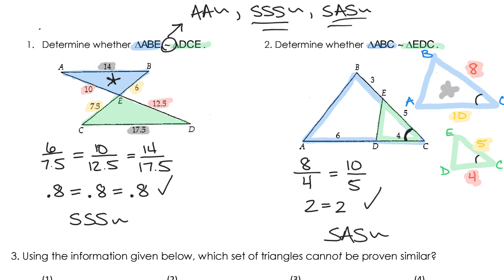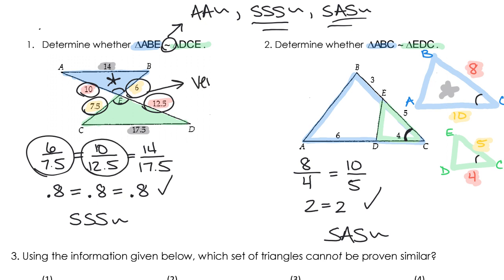All right. I just wanted to point out something in the first one. These are tip-to-tip triangles. Remember, vertical angles are congruent. So if you wanted to, you could have just compared the 6 and the 7.5 and the 10 and the 12.5, and said that the angle in the middle here is a vertical angle, and that vertical angles are congruent.